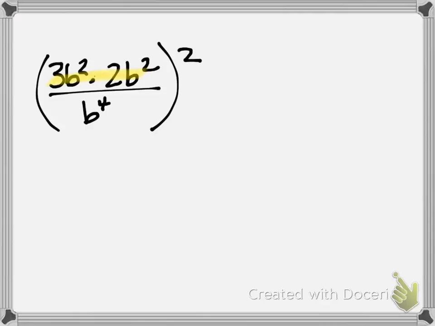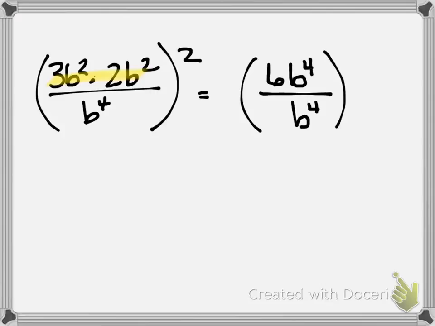Yes, both of the b's are the same. When you have your coefficients, you're just going to multiply them. So the top of that fraction is going to turn into 6, and we have multiplication with the same base, so we add the 2's, so 6b to the 4th, all over b to the 4th, which is all quantity squared.